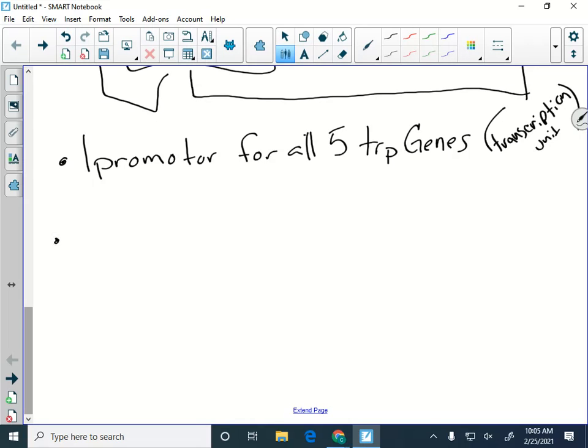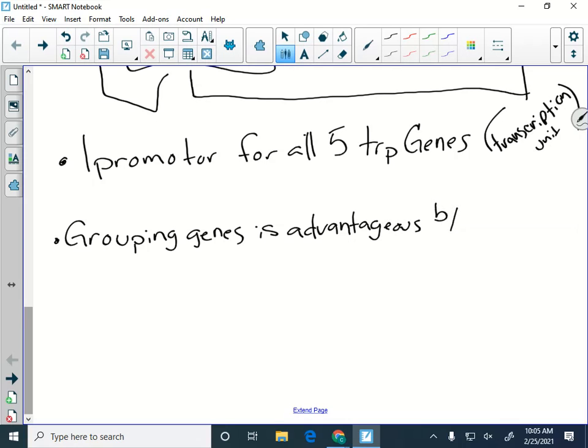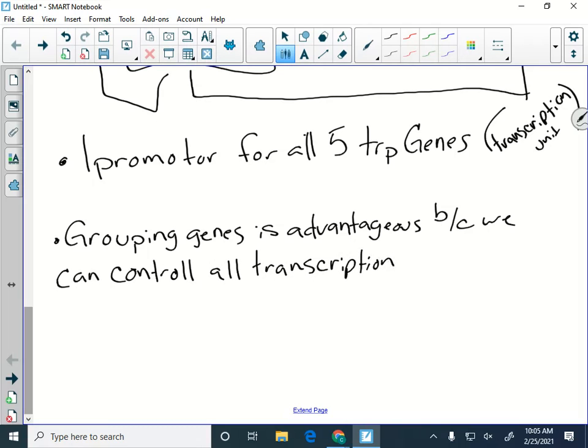So grouping genes is advantageous because we can control all transcription with one on-off switch.